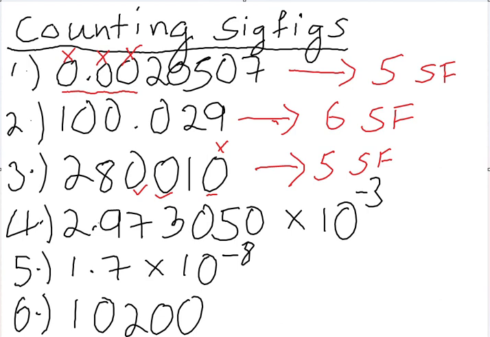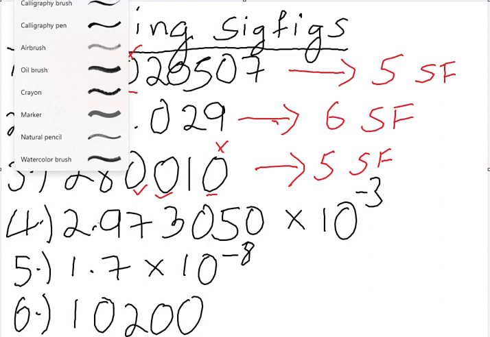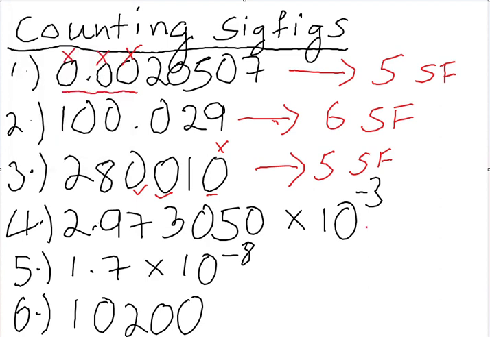One, two, three, four, five, six, 7 sig figs. All right. Here clearly we have a decimal point, so this last zero is not a trailing zero. Then the next number has 2 sig figs.